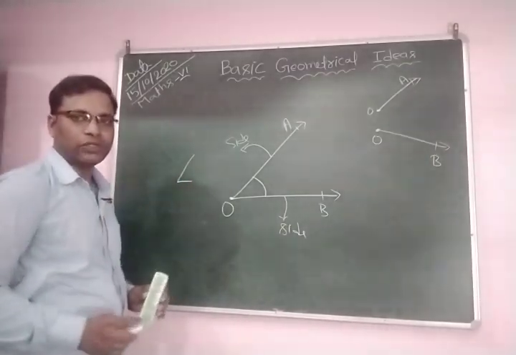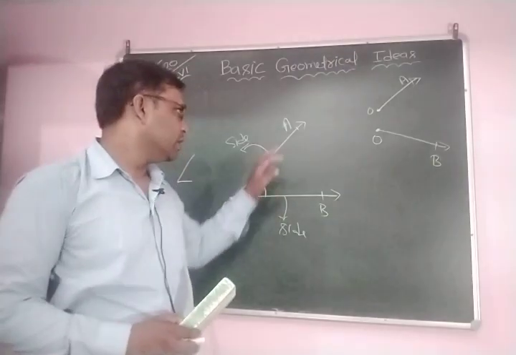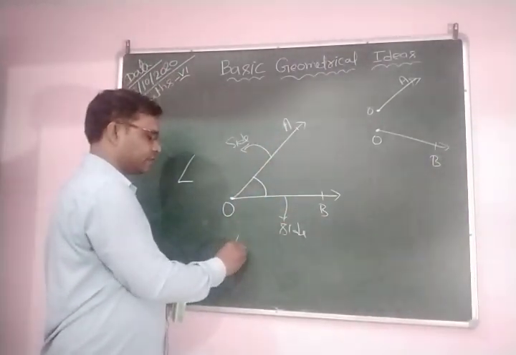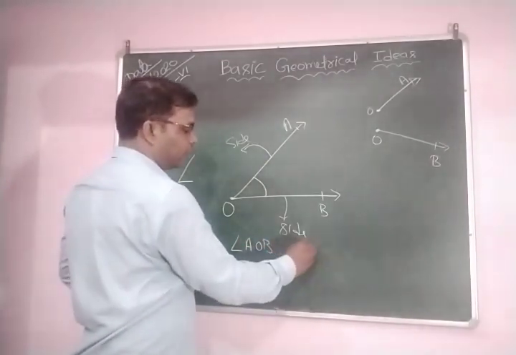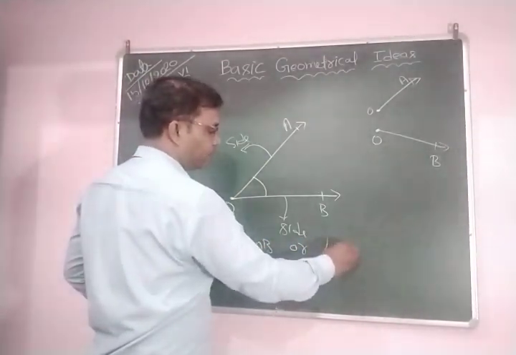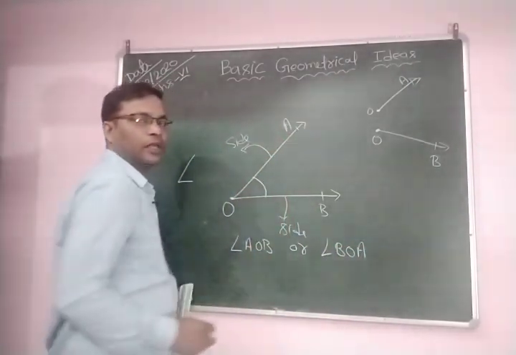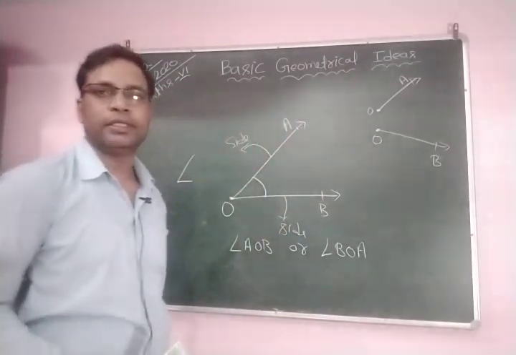This is the symbol of an angle. In the previous video we discussed what angles are and how to name them. You can write angle AOB or angle BOA. Is this clear?